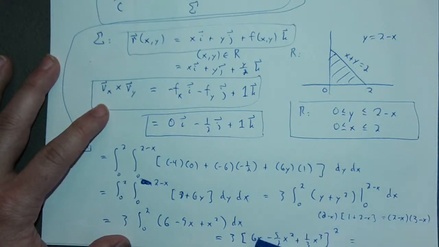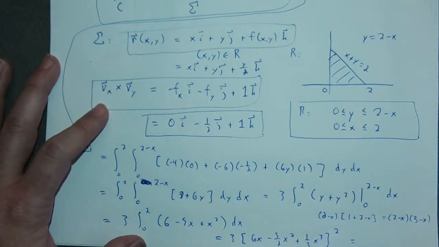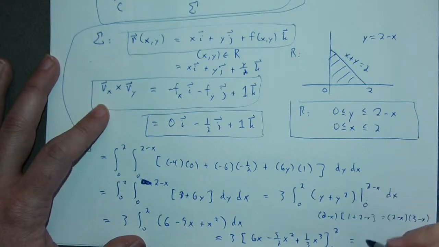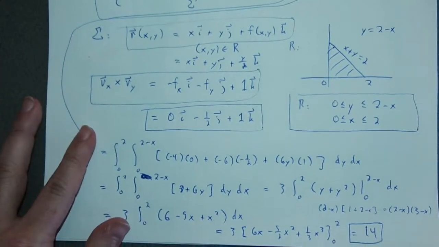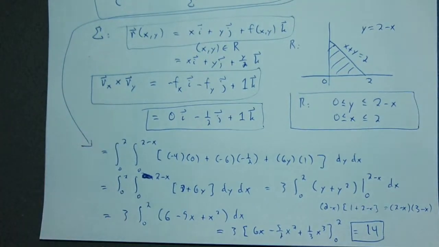So here, I would get 12 minus 5 halves times 4, so that's 12 minus 10, right, so that's 2, okay, plus 8 thirds. So 3 times 2 plus 8 thirds would be 6 plus 8, so 14. All right. So there's our surface integral.